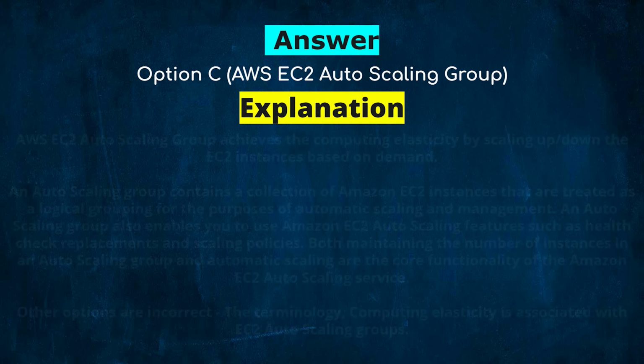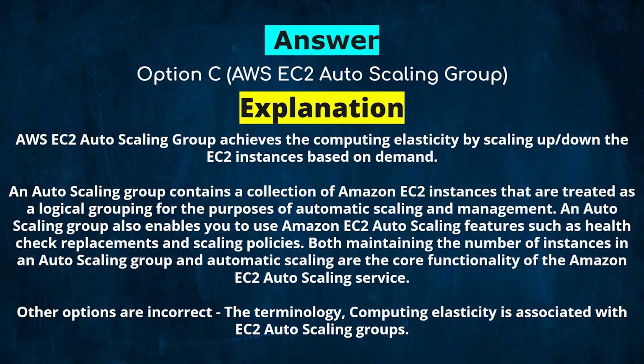Explanation. AWS EC2 Auto Scaling Group achieves the computing elasticity by scaling up or down the EC2 instances based on demand. An auto-scaling group contains a collection of Amazon EC2 instances that are treated as a logical grouping for the purposes of automatic scaling and management.